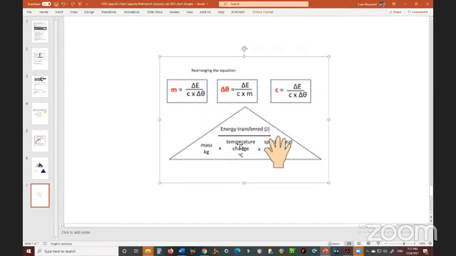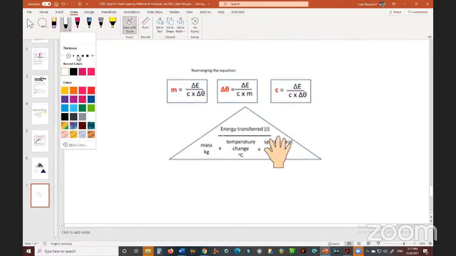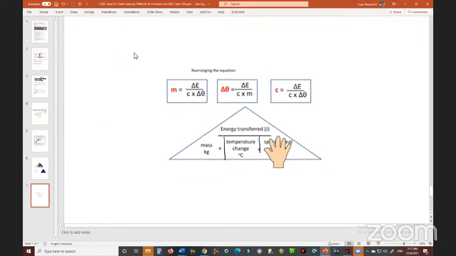Remember that this is the formula we use to calculate specific heat capacity, and based on how it is written, we cover part of it, because that's how we use the triangle.